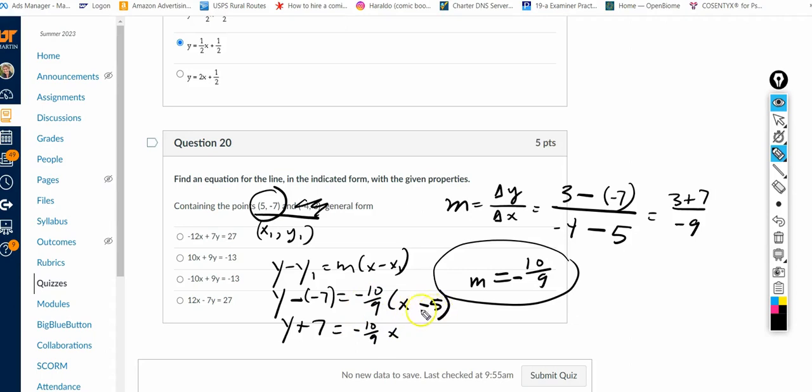Then negative times negative is a positive, and so plus 50/9. Okay, and let's subtract 7 from both sides. And so I need to rewrite 7 to where it has 9 in the bottom. So 7 over 1, and then multiply both of those by 9, and I'm going to get 63/9.